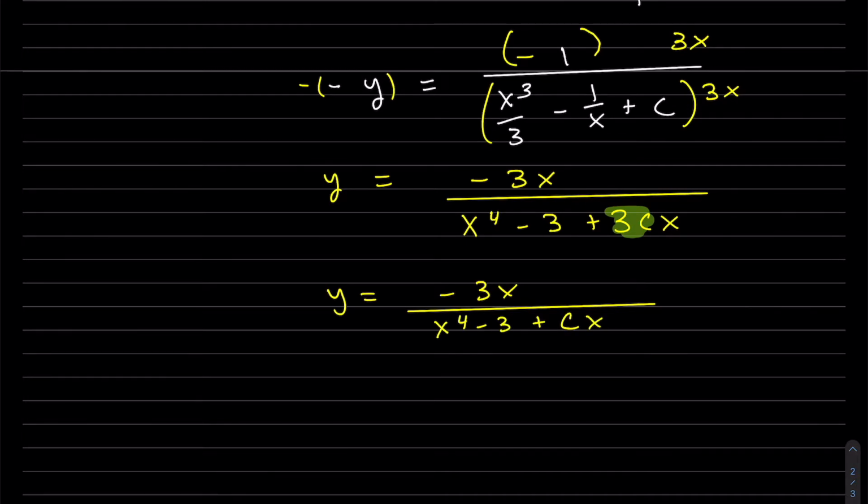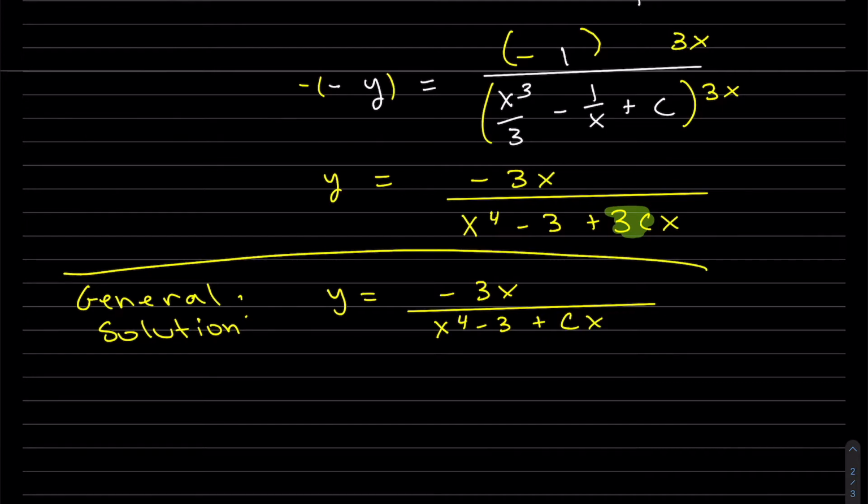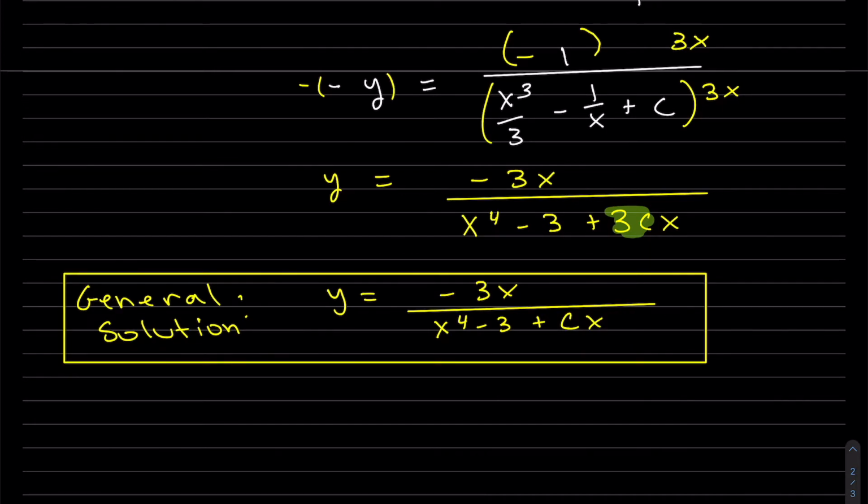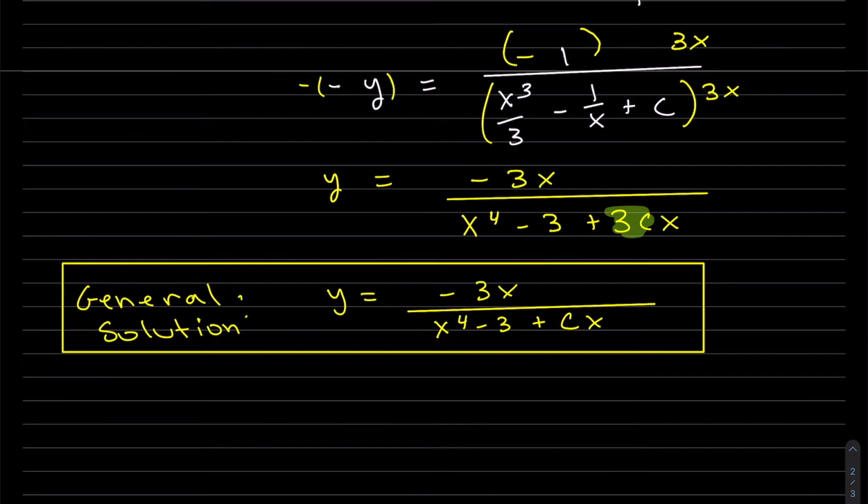So this is called our general solution right here. But this is an initial value problem, so we're going to solve for c. I think it was y of 1 is equal to 3.